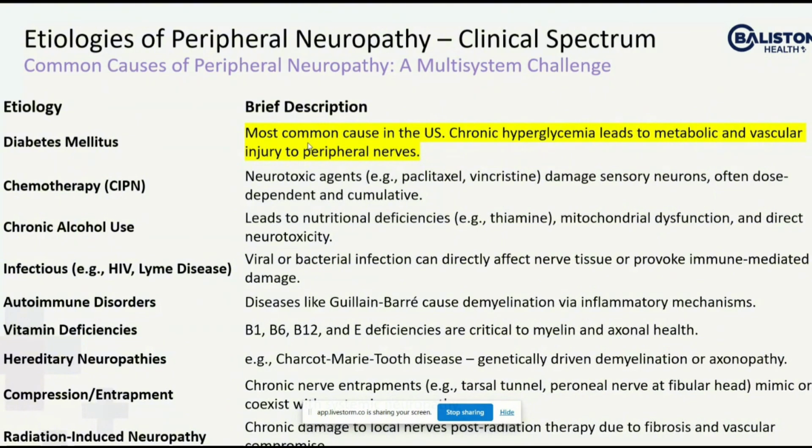And that leads me back again to why are we focusing on peripheral neuropathy related to diabetes? Well, it's the most common cause here in the United States.